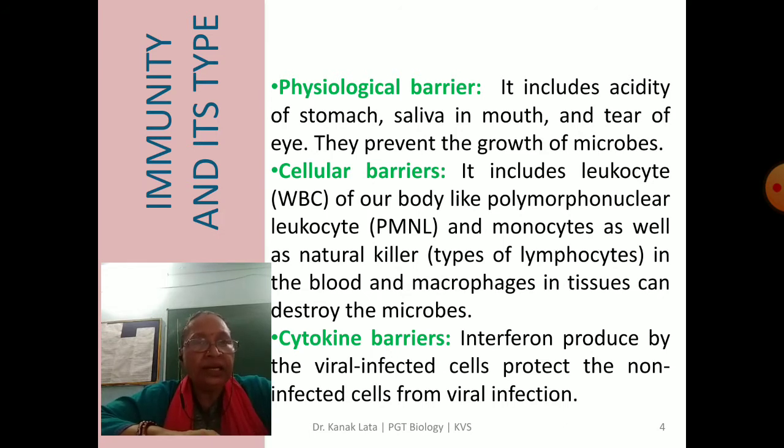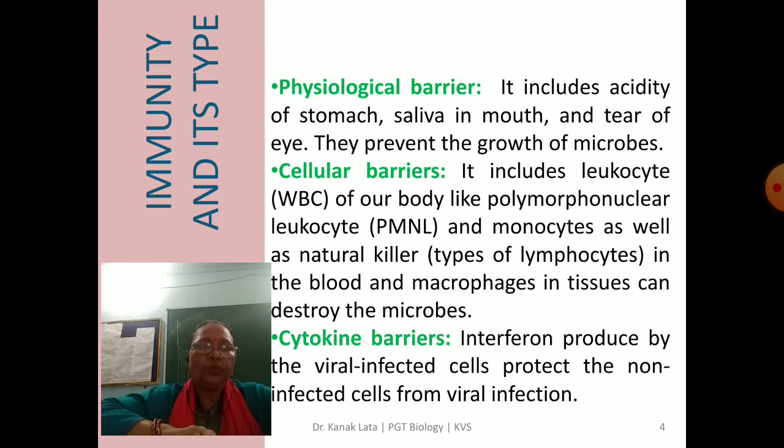Another innate barrier is the cellular barrier. Cellular barrier means some cells are responsible for increasing the immunity of our body. Cellular barrier includes certain types of leukocytes, that is WBC, white blood corpuscles of our body.